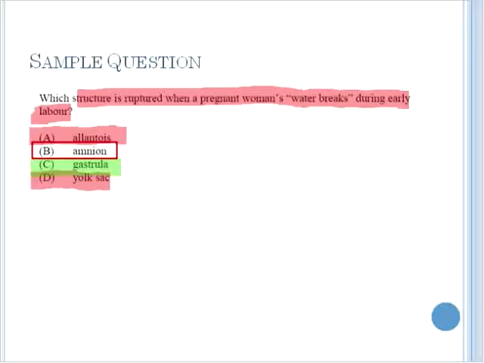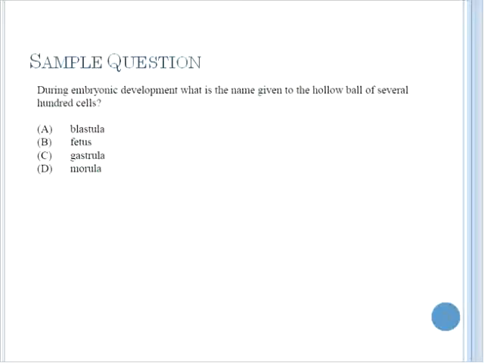The amnion forms the amniotic sac, which contains the amniotic fluid. This question asks, during embryonic development, what is the name given to the hollow ball of cells? The hollow ball of cells would be the blastula.